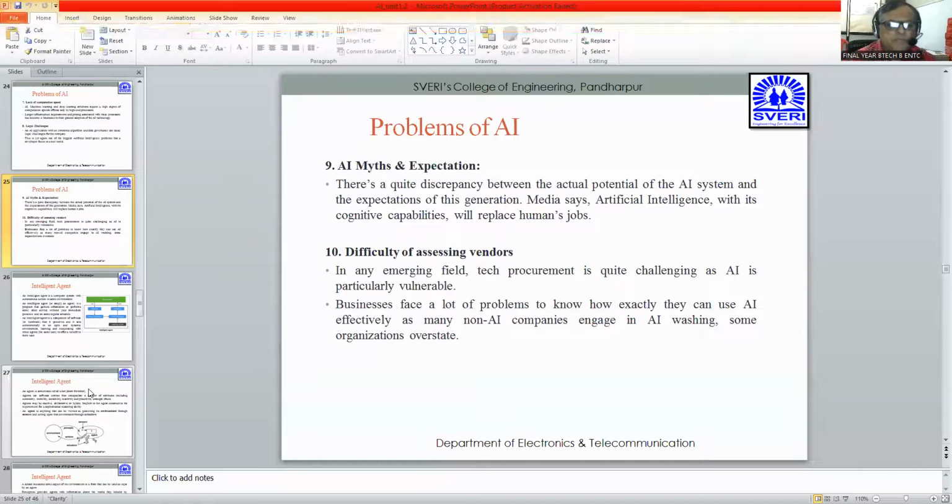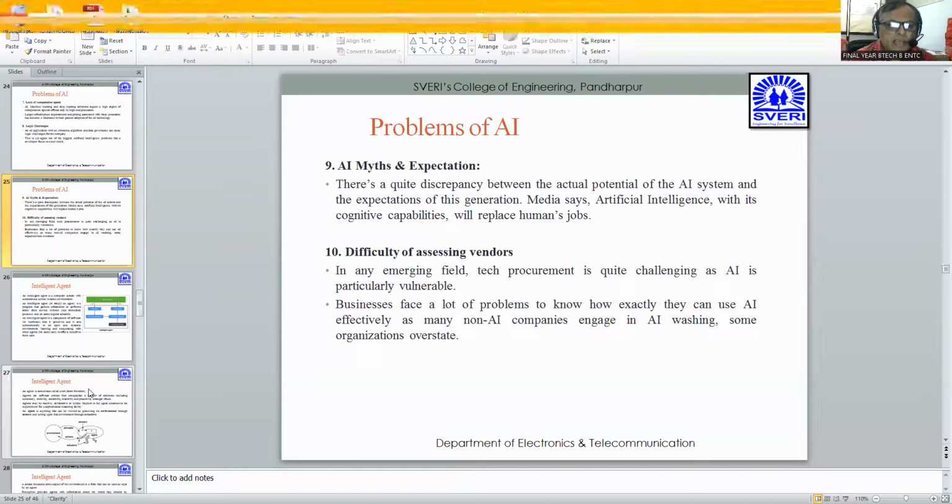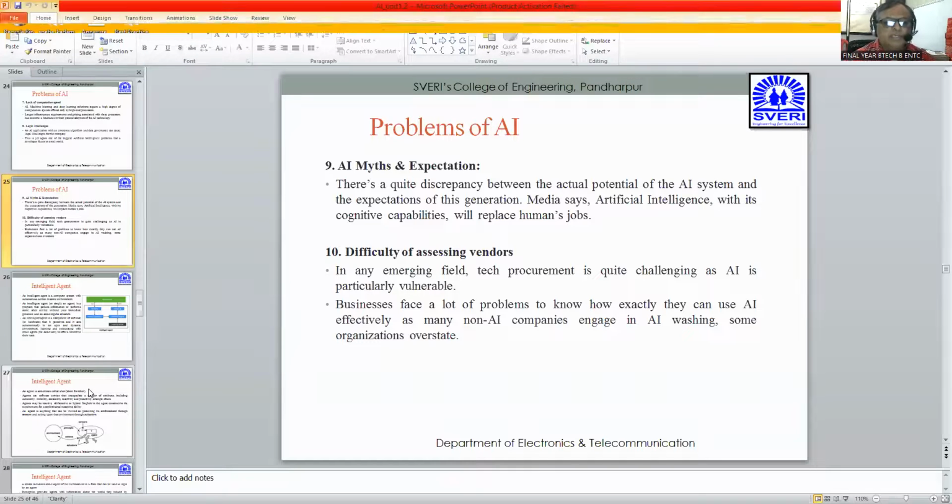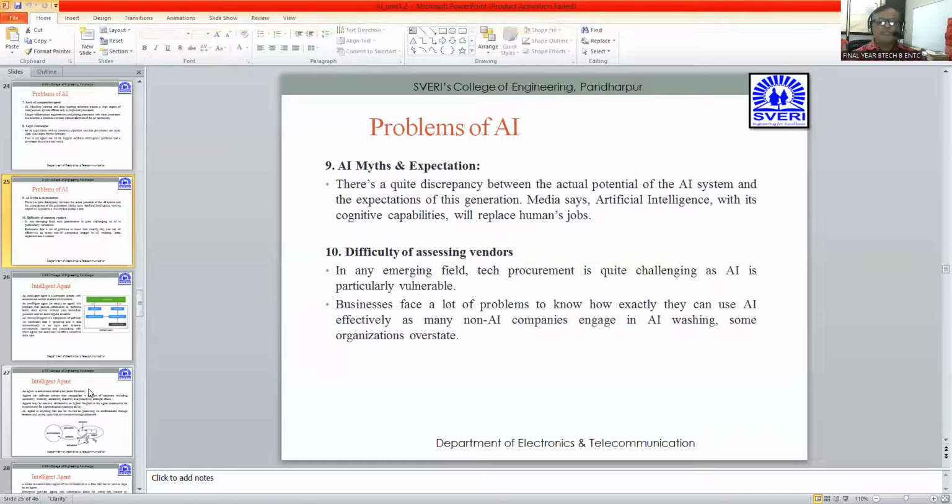Businesses face a lot of problems knowing exactly how they can use AI effectively, as many non-AI companies engage in AI washing, where some organizations overstate their capabilities. If one industry adopts AI, there will be other industries not adopting it. How the non-AI companies and AI companies engage with each other to do business becomes difficult. So there will always be a difficulty in assessing the vendors.